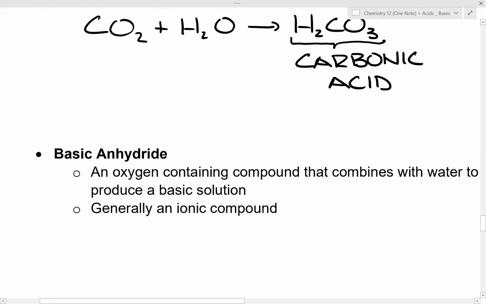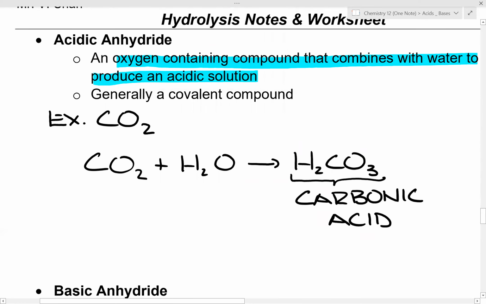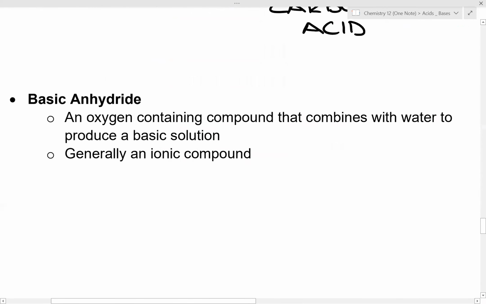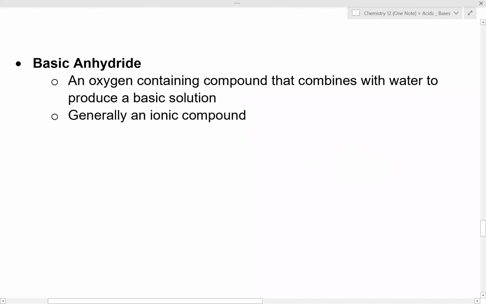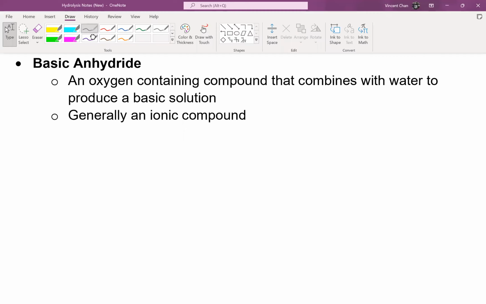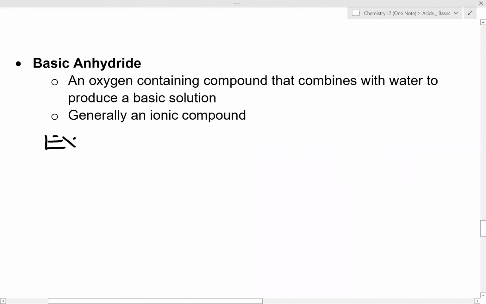The opposite side of acidic anhydrides is basic anhydrides. It's an oxygen-containing compound that combines with water, in this case, to form a basic solution. Generally, it's an ionic compound. For example, let's say we had Na2O, sodium oxide.